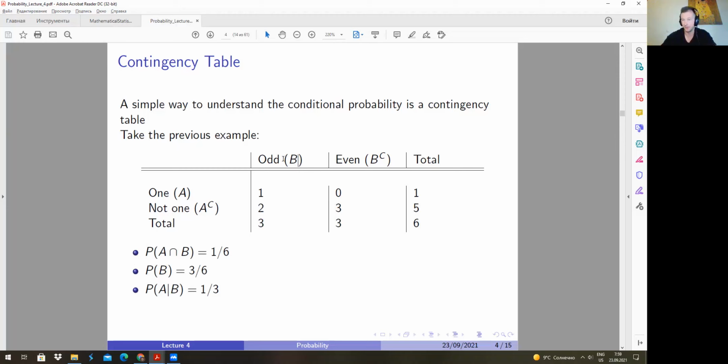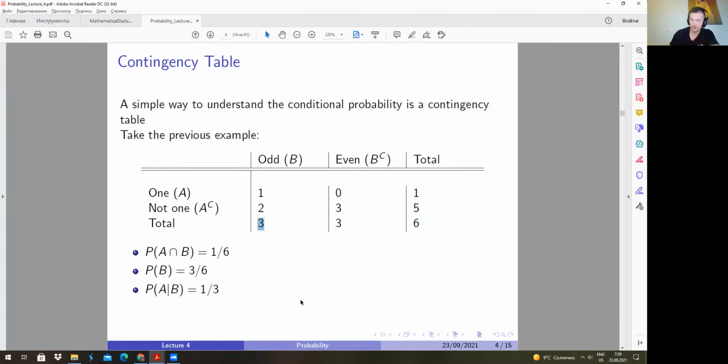I only need the first one. And my first column becomes a sample space. And I know that the total number of elements in the first column is 3. That's why I need to take 1 and divide this by 3. And that's it. I'm done with the calculation of this conditional probability.